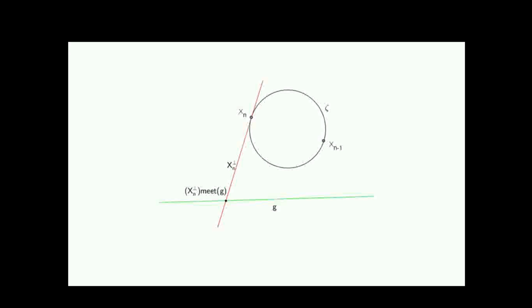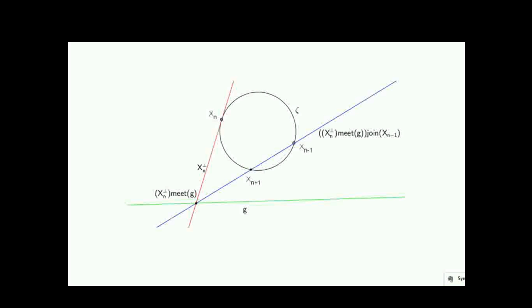And it meets the green line here. And then if we draw another line from that point up to xn minus 1, well, we can give that point a name. It's where xn perp meets this line G, the ground line.